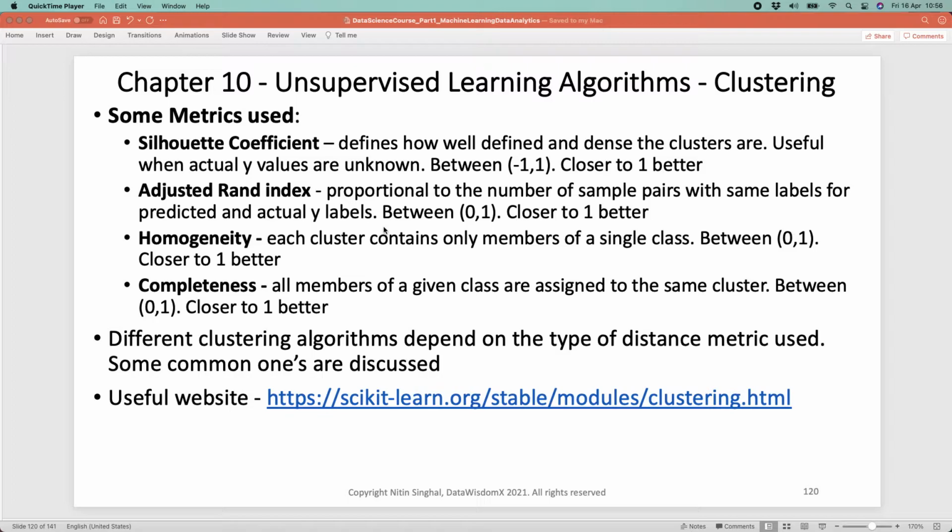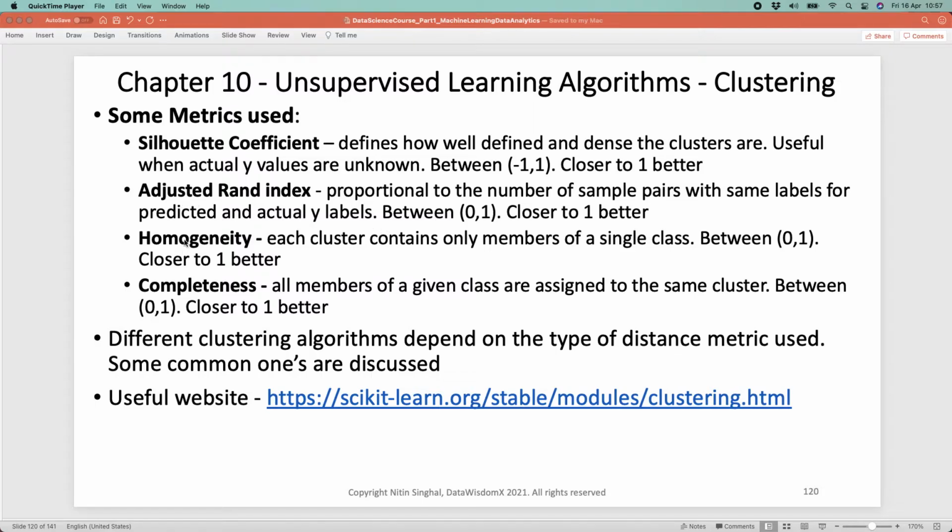So how well are the clusters defined by once again calculating the proportions between the actual and the predicted values of y. It's between 0 and 1 because it's a proportion, and the closer to 1 it's better, the closer the fit. So just be careful, this requires the y labels in the training data, and when you have such training data you need to ignore those y labels when building the clustering model. So we'll show you that when we build the models using Python code.